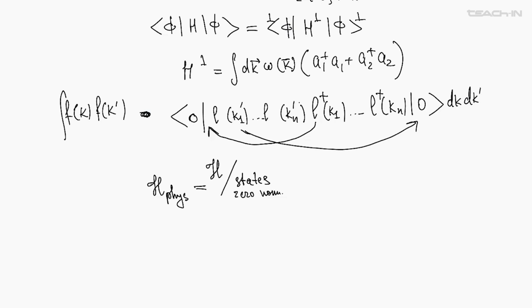That's what taking a factor means. So I agree that two states which differ from each other by a state with zero norm are considered to be equivalent. So in other words, we define the physical Hilbert space as a set of equivalence classes, the Hilbert space of Gupta-Bleuler over the states of zero norm.